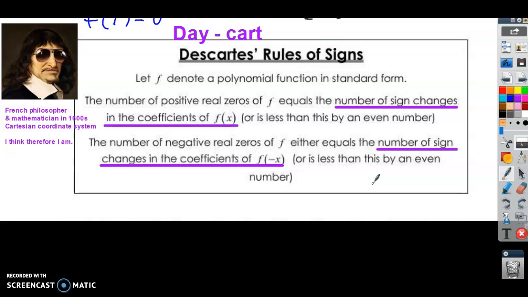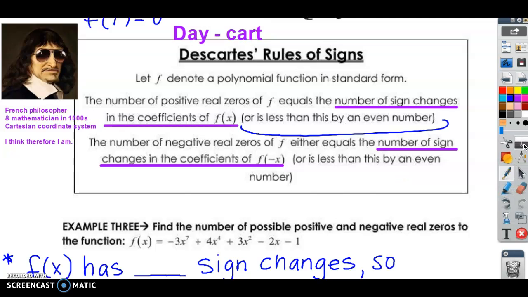The number of positive real zeros of f equals the number of sign changes in the coefficients of f of x, or is less than that by an even number. The number of negative real zeros of f either equals the number of sign changes in the coefficients of f of negative x, or is less than this by an even number. I'll explain what that means.